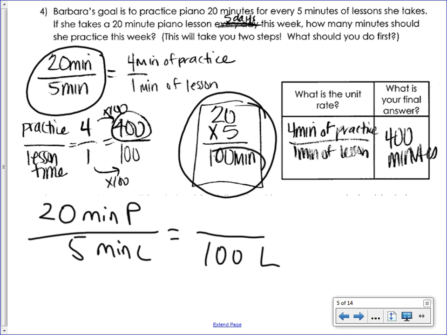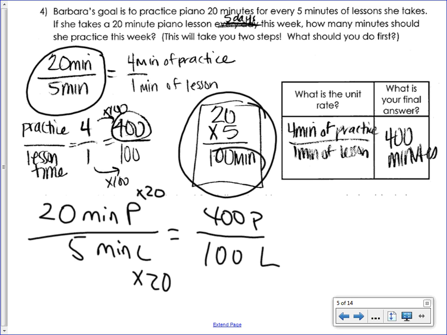Yes, 5 times what is 100? 20, good. And so to keep the same ratio or the same rate, I'm going to multiply. 20 times 20 is 400. So she would practice 400 minutes because she had 100 minutes of lessons.